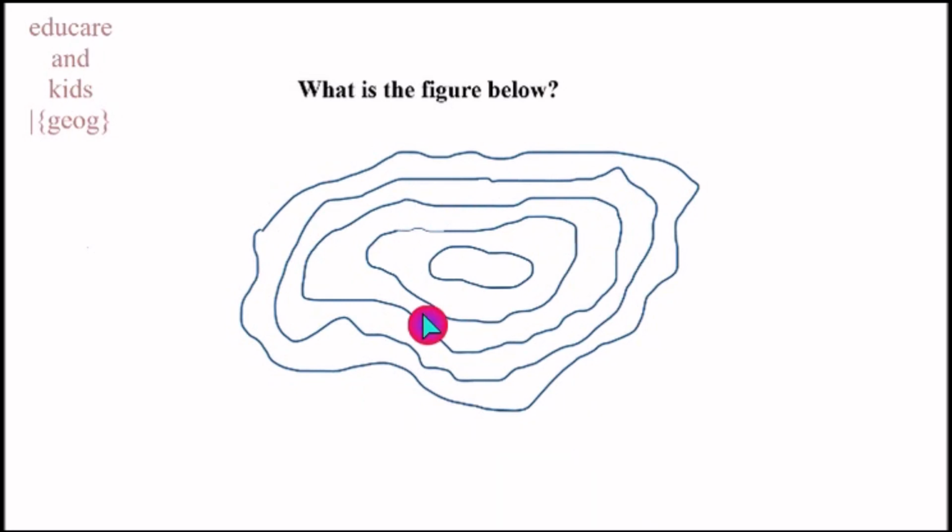It is representing nothing because it has no calibration. It is the calibration that will let you know that this contour line is representing a mountain or a valley. Because it has no calibration, it is representing nothing, and therefore it is not a contour line.